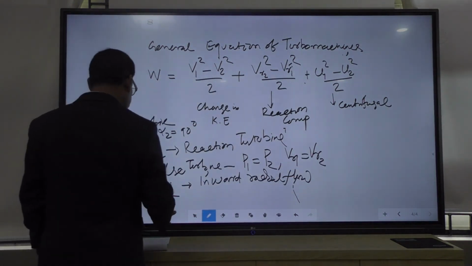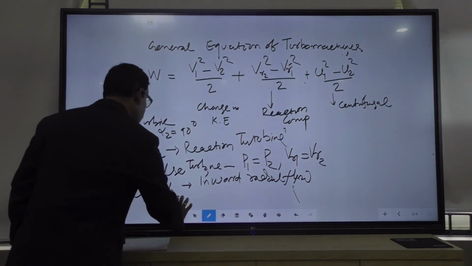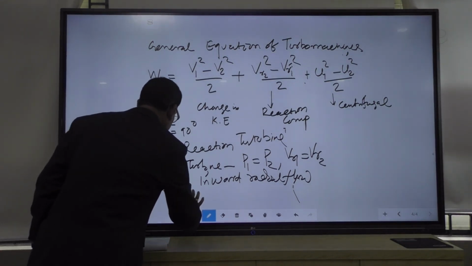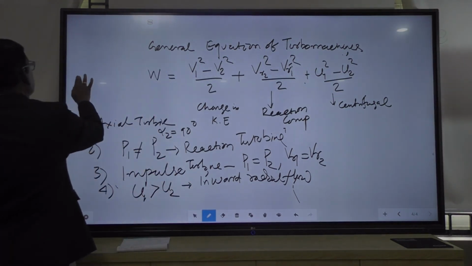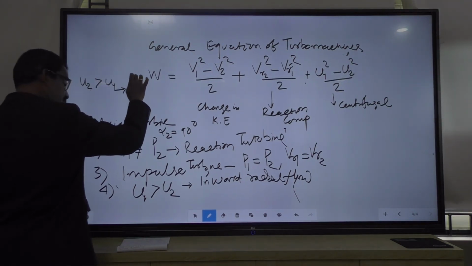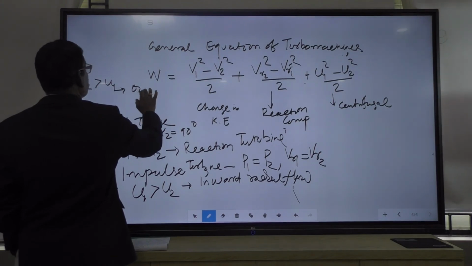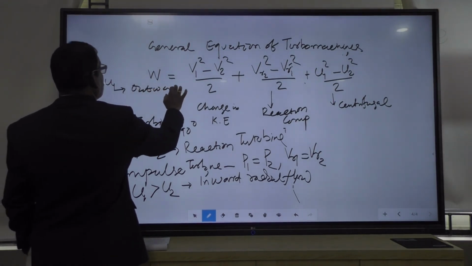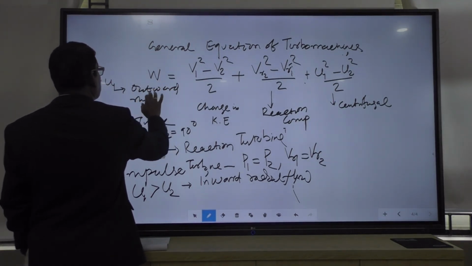And if U2 is greater than U1, reverse. If U2 is greater than U1, then it is outward radial flow turbine.